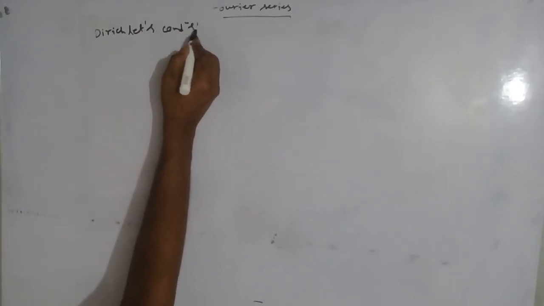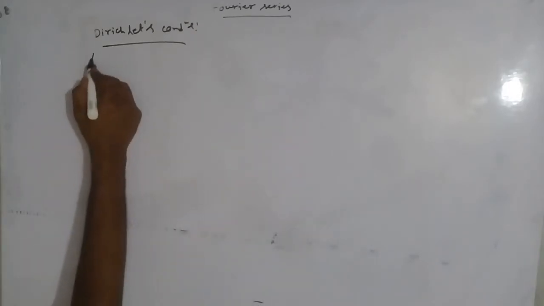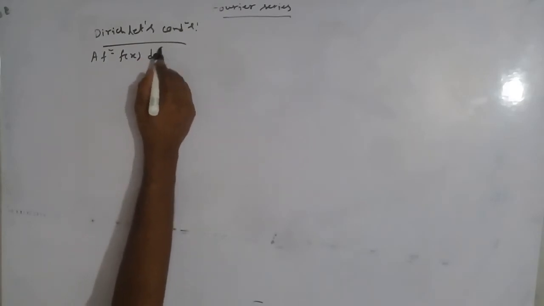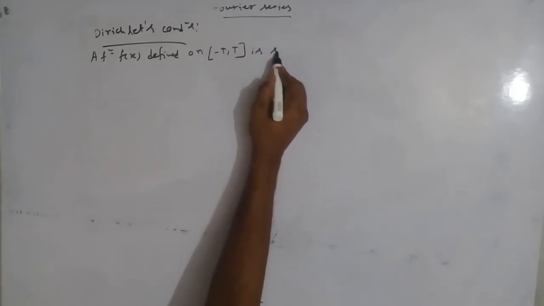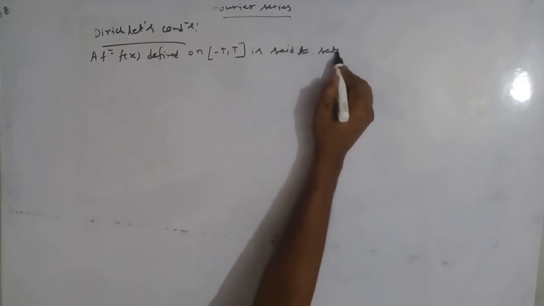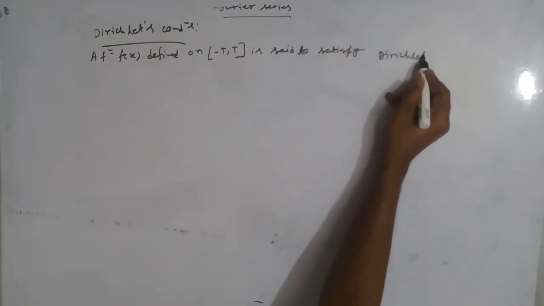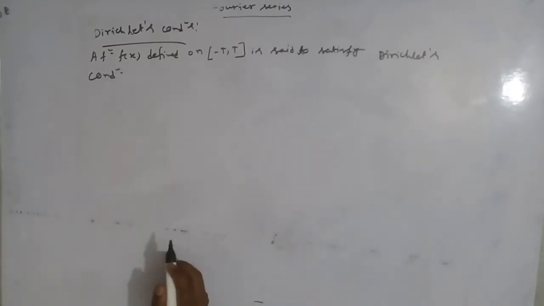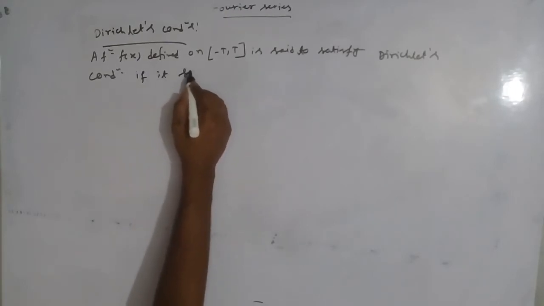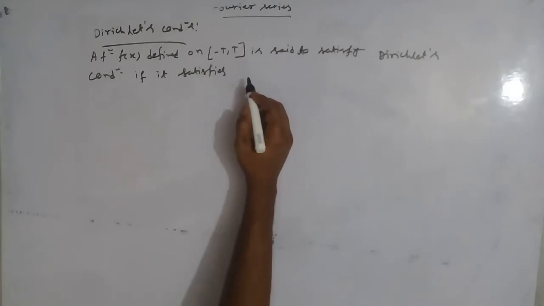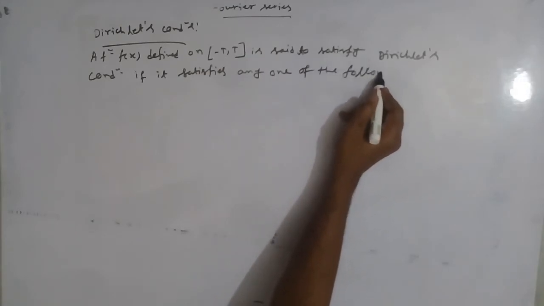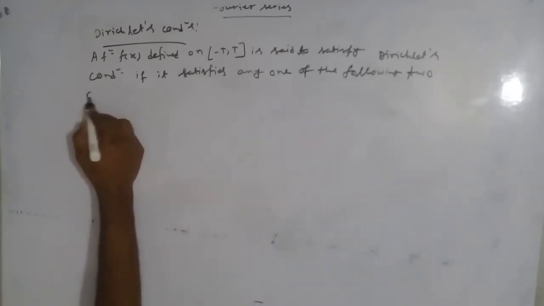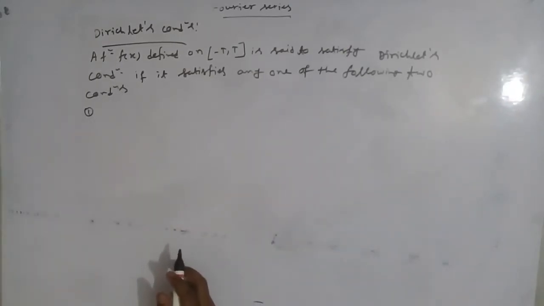So a function f of x defined on minus t to t is said to satisfy Dirichlet's conditions if it satisfies any one of the following two conditions.